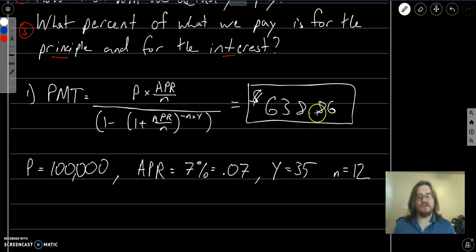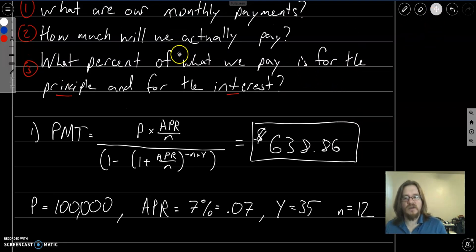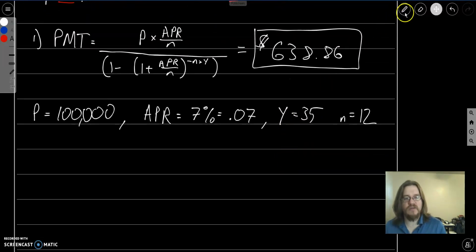This isn't how much we're going to have to pay back in total. So if we pay back that much each month, how much will we actually pay after 35 years?